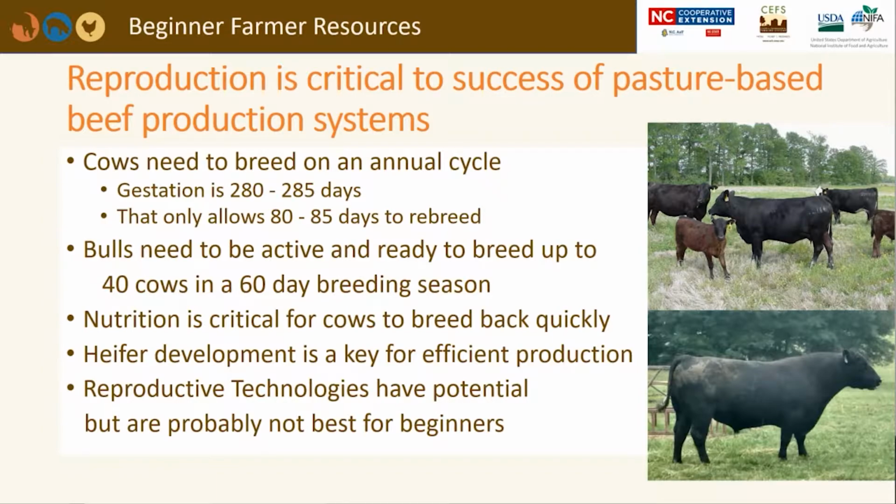Cows need to breed on an annual cycle. The gestation length in cattle is about 280 to 285 days, and that means that the cow only has 80 to 85 days after she calves to rebreed to maintain that annual cycle of production.